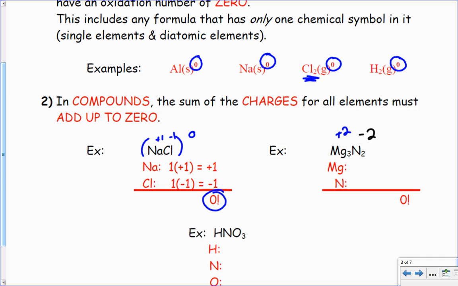Well, let's do the math. I have 3 times +2 for the Mg, which is still going to be 6. But now let me do the N. I have 2 nitrogens times a -2, and that's going to equal -4. 6 minus 4 is 2, which is not 0.